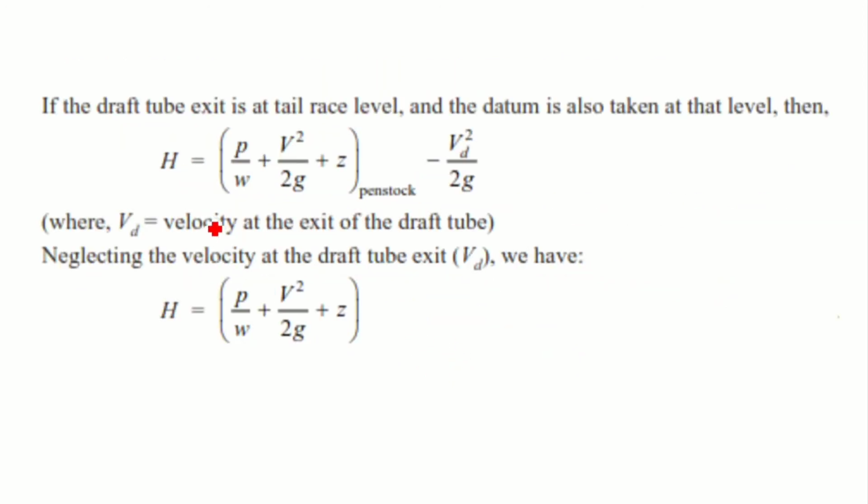So the equation becomes H is equal to P by W plus V squared by 2G plus Z of the penstock, the energy at the inlet of the turbine, minus that at the exit of the draft tube. If we also neglect the velocity at the draft tube, that term becomes 0. So the equation becomes H is equal to P by W plus V squared by 2G plus Z. This is the equation for net head.